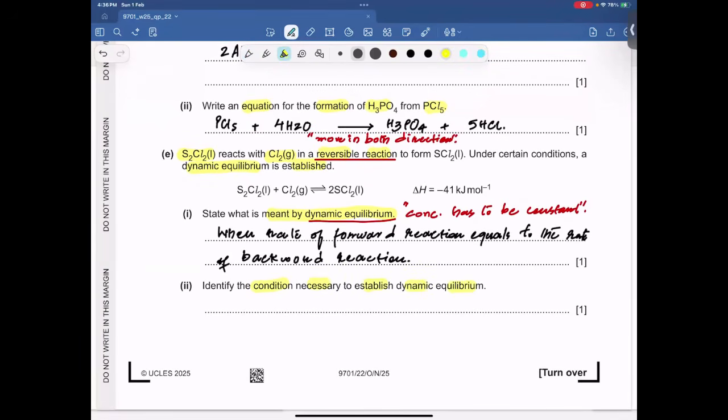It has to be in a closed container or closed system. So a closed container, closed vessel, is used to perform dynamic equilibrium. Okay.